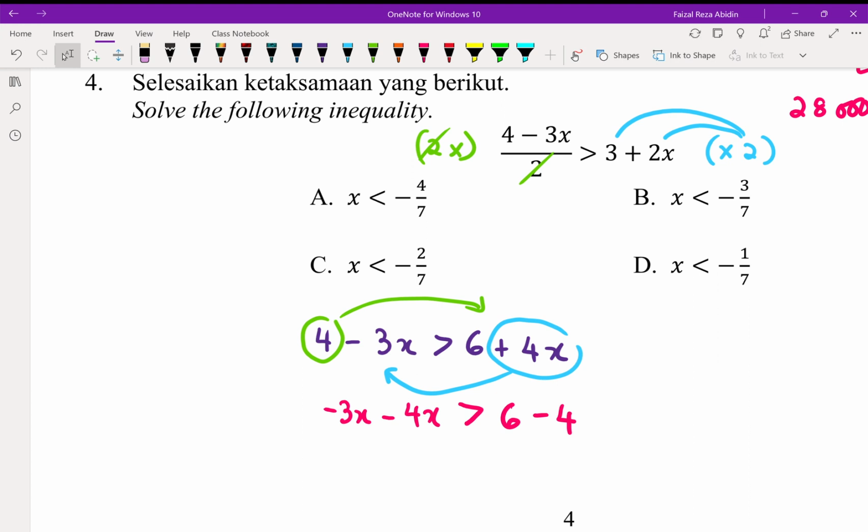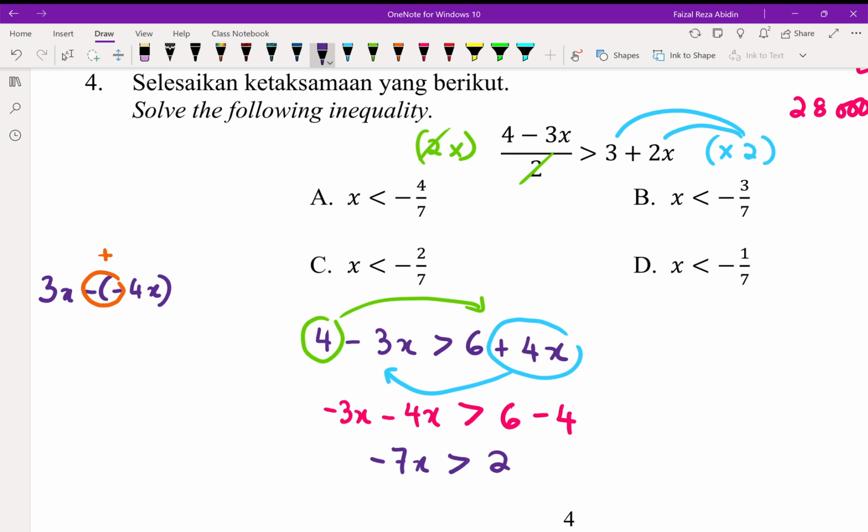Unless, if you are going to get like this, 3x minus negative 4x. Yes, this one we got plus, isn't it? This one you are going to get 7x. Yeah. Cikgu. Relax, cikgu. Relax. Okay, so negative 7x more than 6 minus 4, 2. Okay. What happened next?